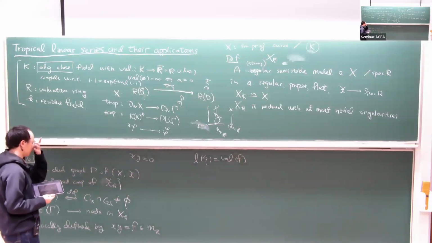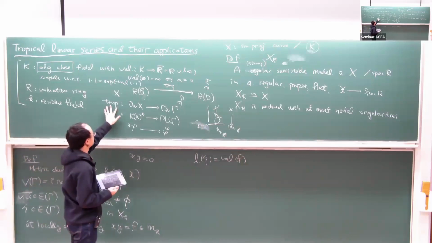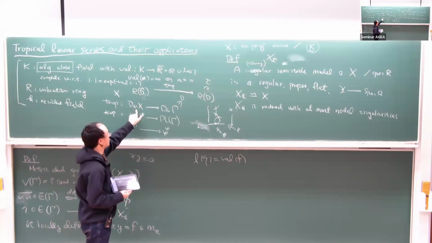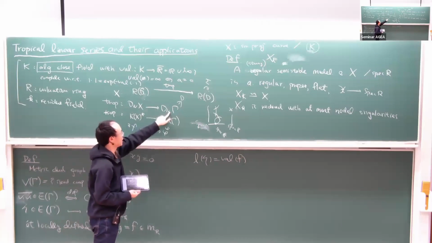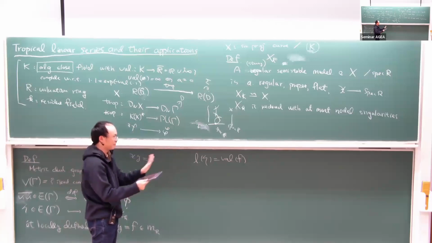The first story I want to talk about is that we have a specialization map which maps a divisor on the curve to a divisor on this metric graph, and we can compare them.